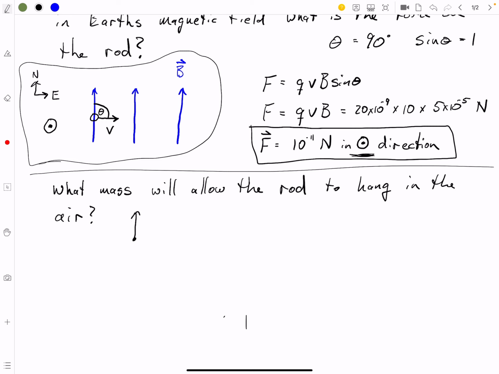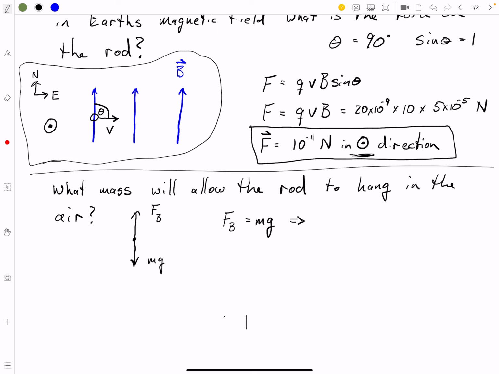Here's the force of our magnetic field. Here's the force of gravity. And we want them to be equal. So our force of the magnetic field is going to equal mg.